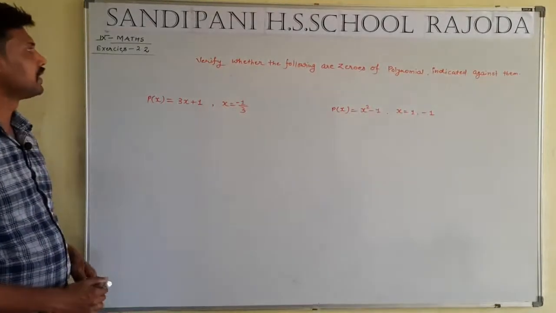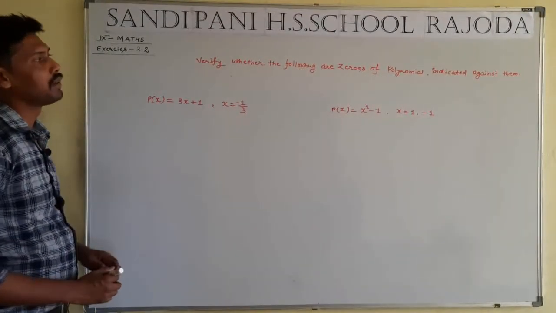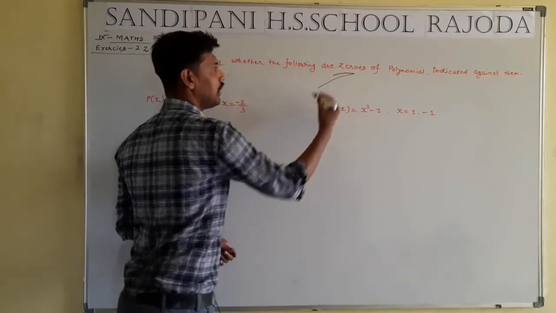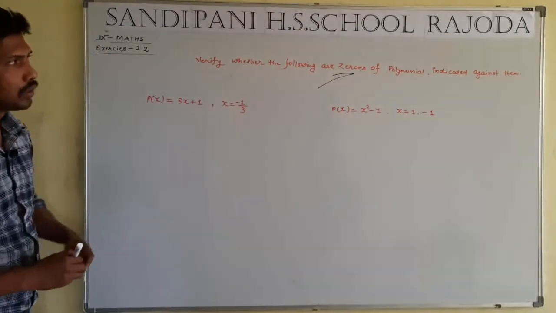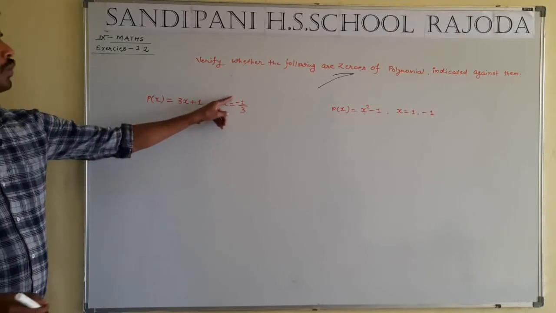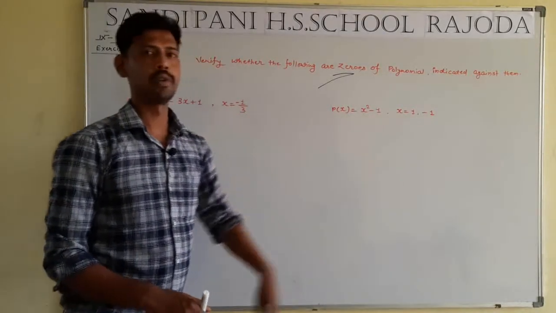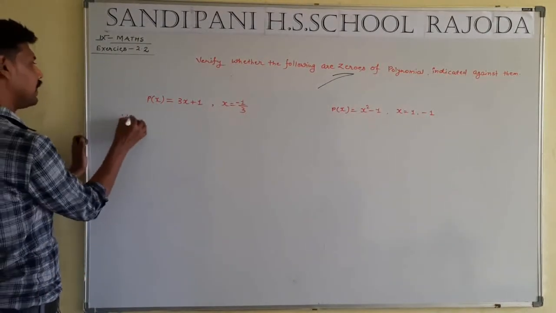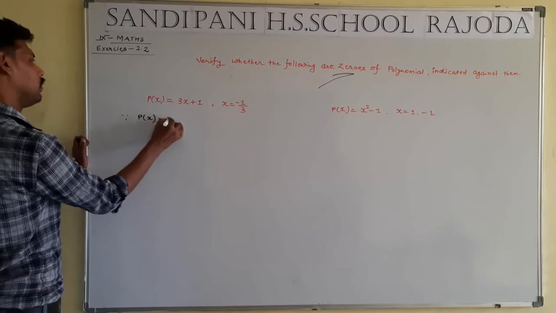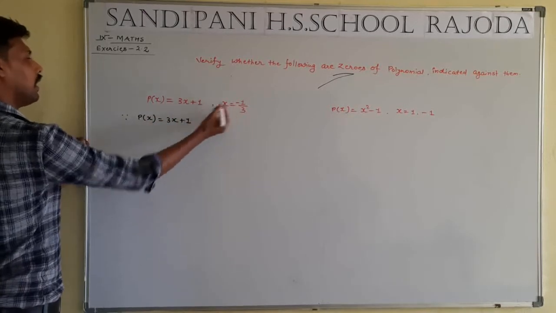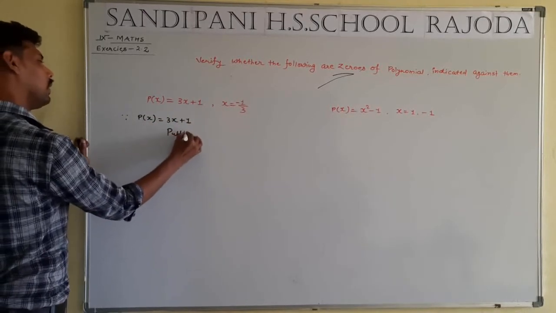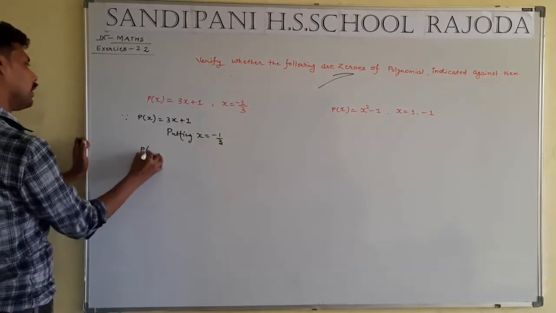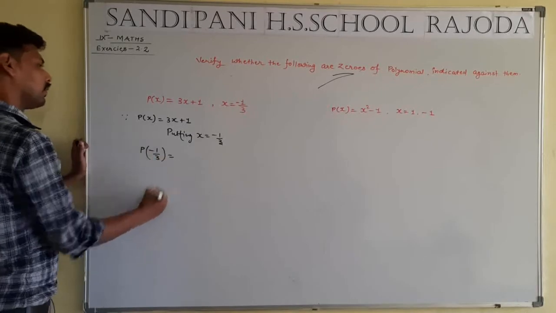Student, next question is there. Question number 3. Verify whether the following are zeros. That means we have to check whether the given polynomial has zeros at x equal to minus 1 by 3, x equal to 1 and x equal to minus 1. Taking the first question, Px equal to 3x plus 1, and putting x equal to minus 1 by 3, such that P of minus 1 by 3 equals 3.